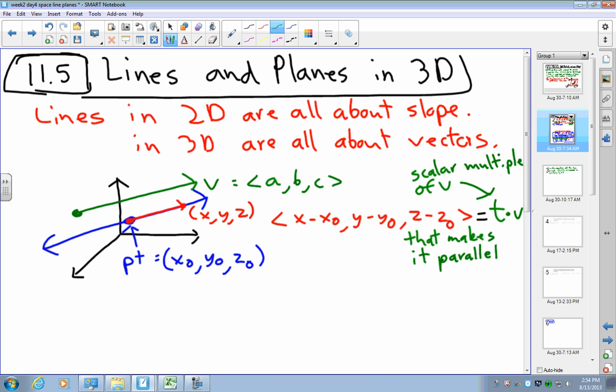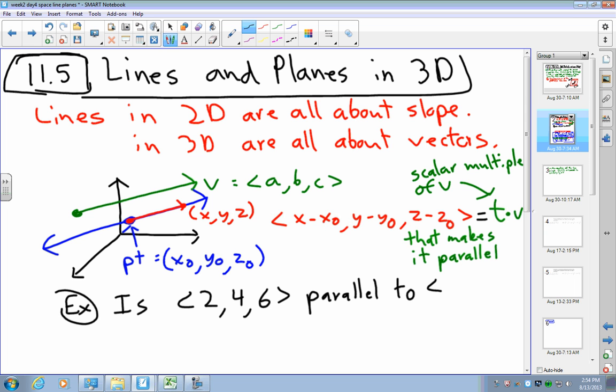Okay. So just number-wise, for an example, is 2, 4, 6 parallel to 1, 2, 3? So I go 2 positive x, 4 positive y, 6 positive z.